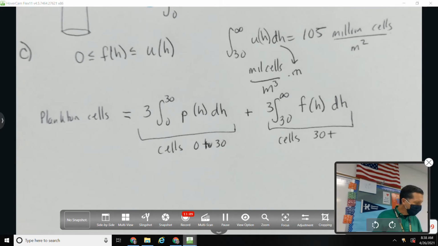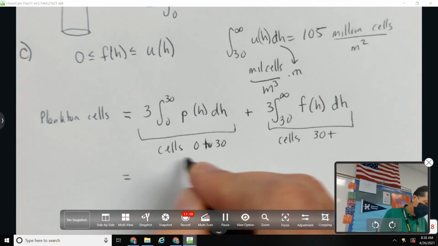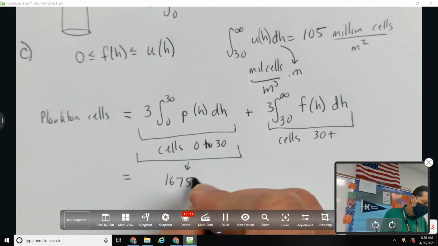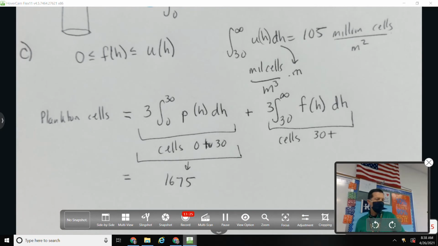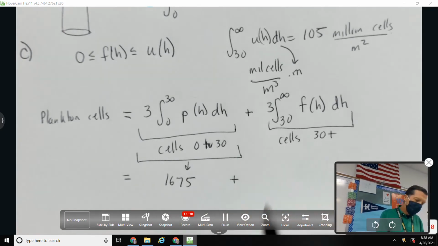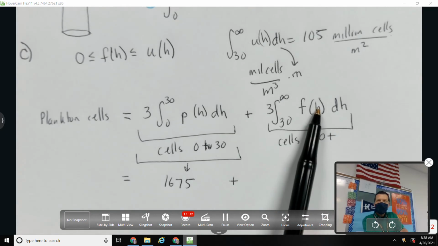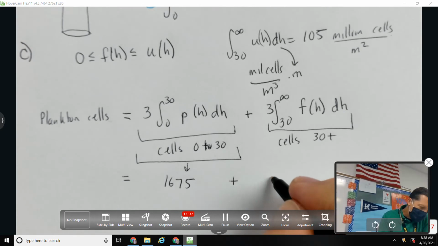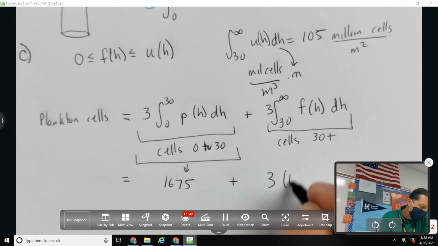Explain why the number of plankton cells in the column is less than or equal to 2,000 million. Well, we already found this part. That was 1675. And I don't know this, but I do know that U, so if we use U, that'd be 3 times 105.